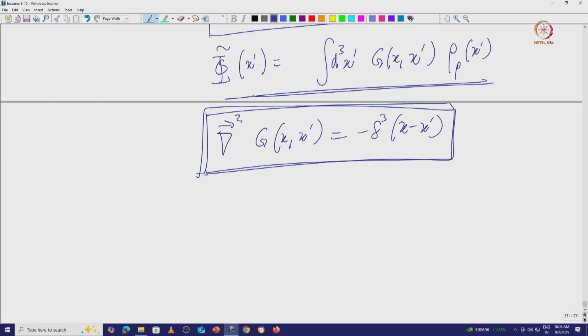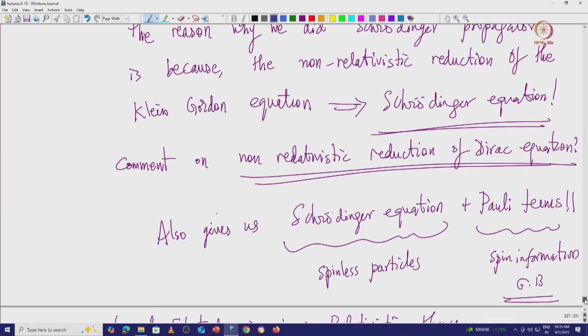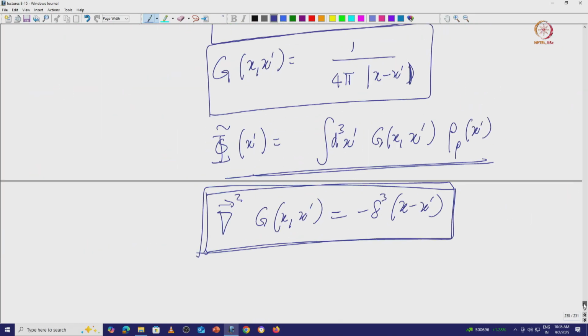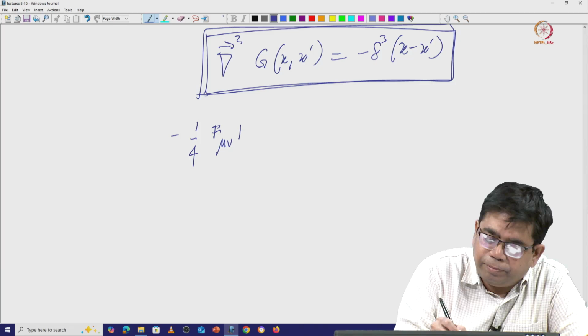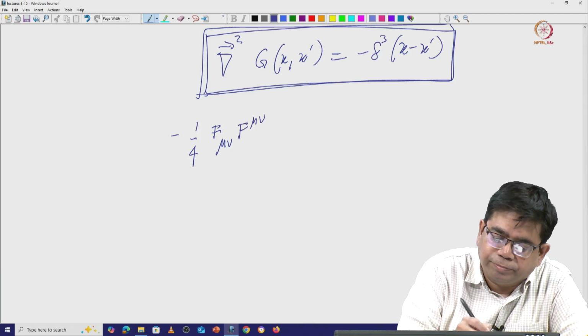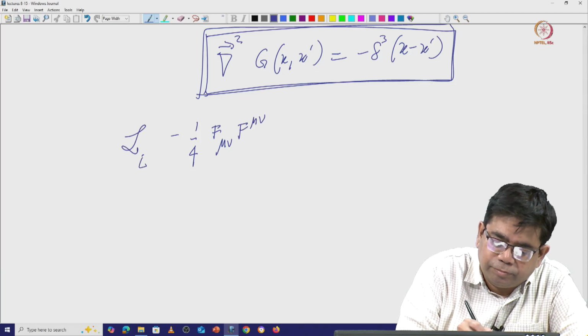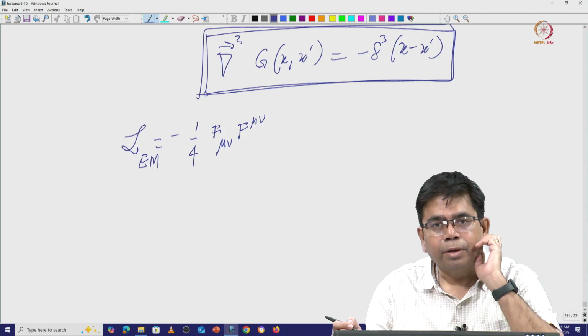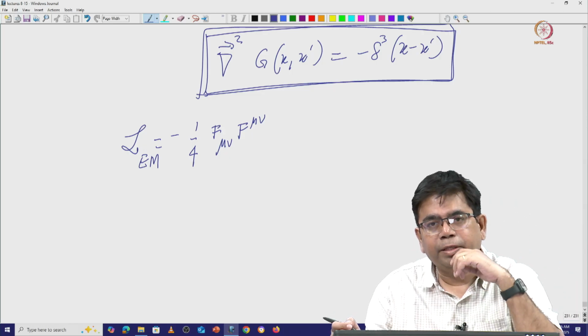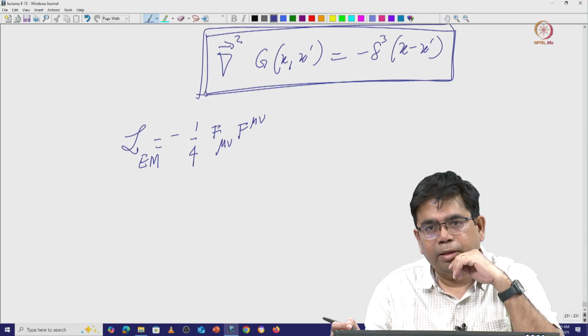Now this is the point essentially. Why did we do classical electrodynamics? Now you can also do the same thing starting from F mu nu, the electromagnetic interaction.